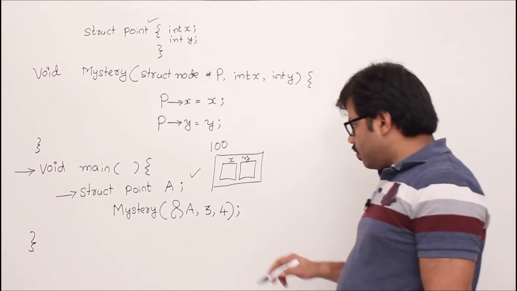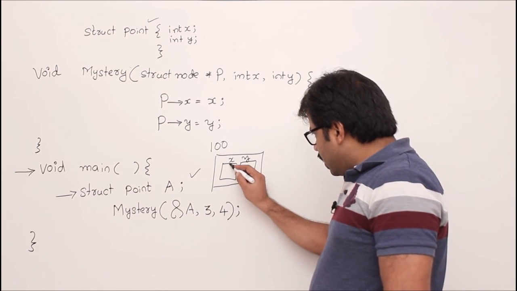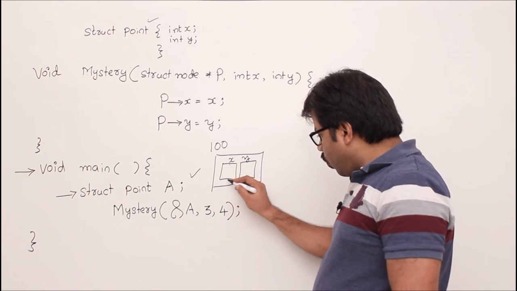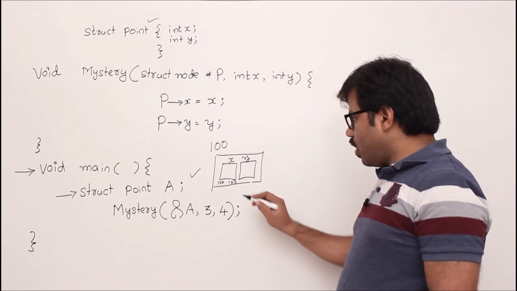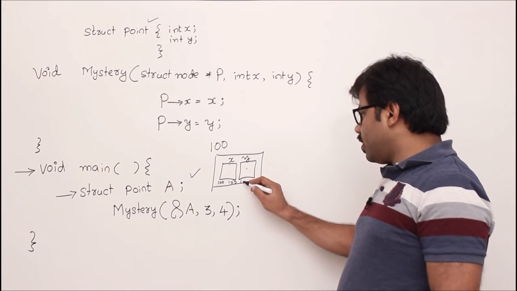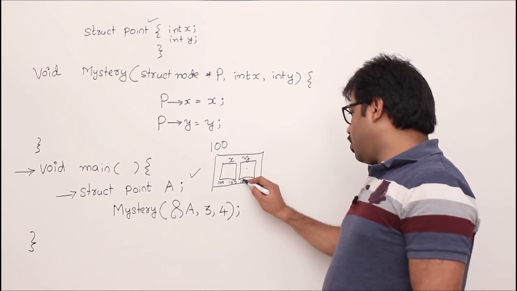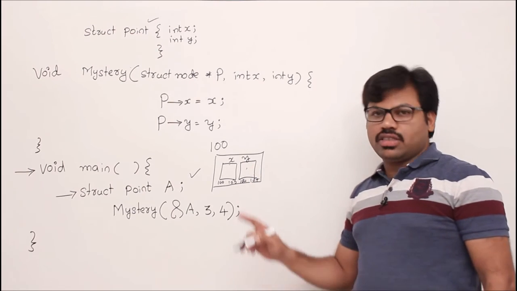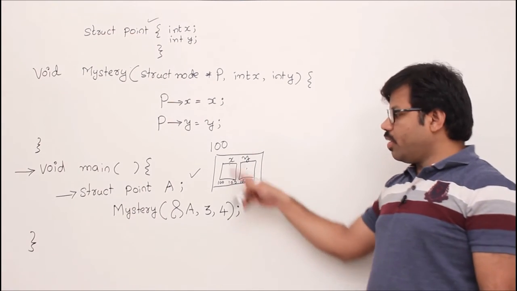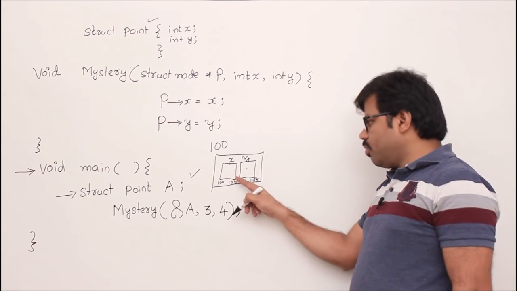If this integer occupies 4 bytes, then this will be 100 to 103, and this box occupies, let's say, 4 bytes, 104 to 107, maybe. They may be contiguous but may not be, so don't assume anything about these particular memory addresses.